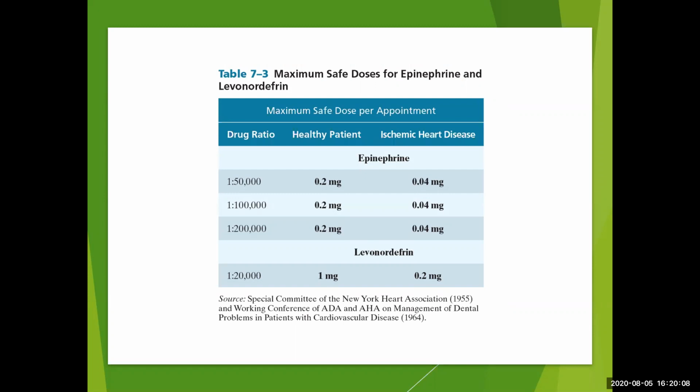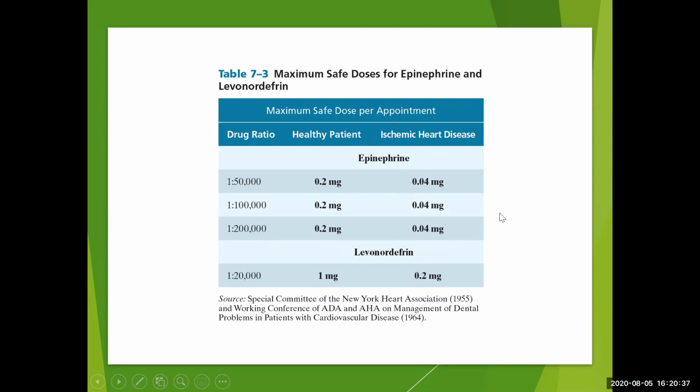So the maximum recommended dose or safe dose for epinephrine, no matter what the formulation is, whether it's 1 to 50, 1 to 100, or 1 to 200, for a healthy patient, it's always going to be 0.2 milligrams. That's always going to be your MRD for a healthy patient for epinephrine. And then for someone with ischemic heart disease, it's going to be 0.04 milligrams. So that's your quote unquote cardiac dose.